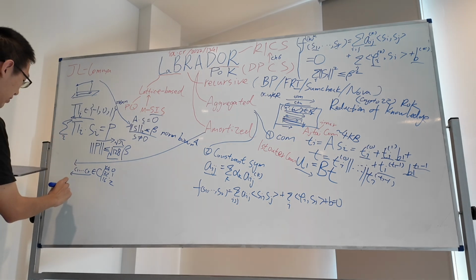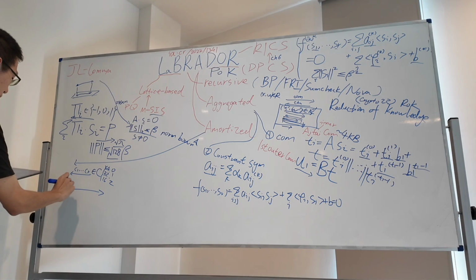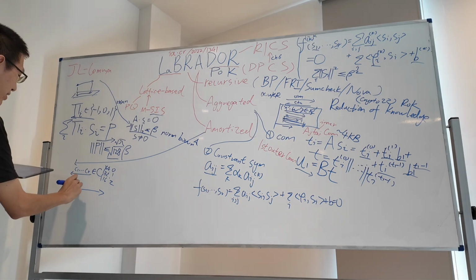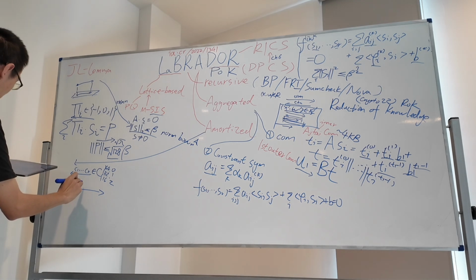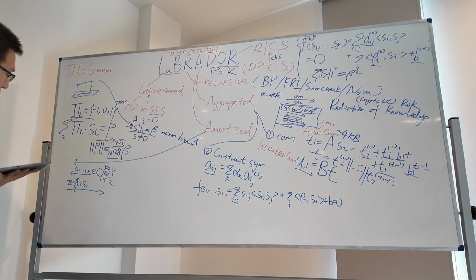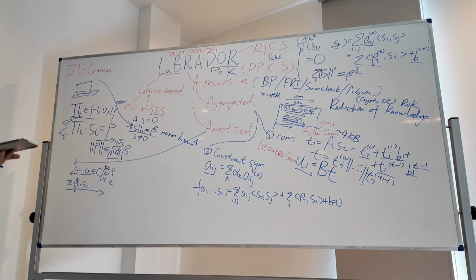So the amortized part just means the prover will send this Z to the verifier. This Z is just the random linear combination by this C of the Si. What can we say the verifier needs to check?